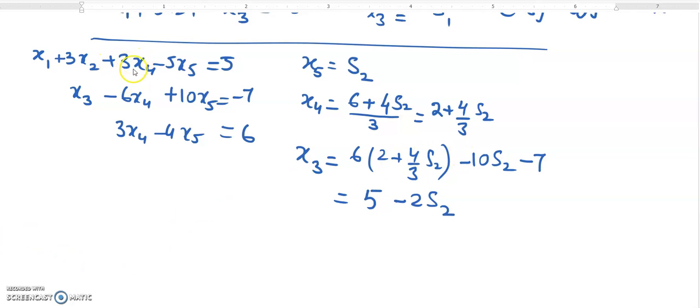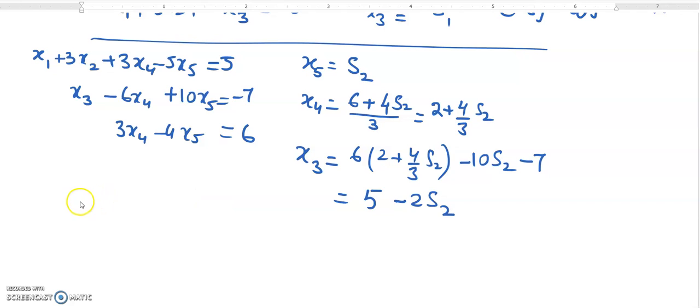So now we already know the values of x3, x4, and x5. In this first equation, we can input the values of x4 and x5, and now we can assume the value of x2 as equal to s1, because there is no other way.